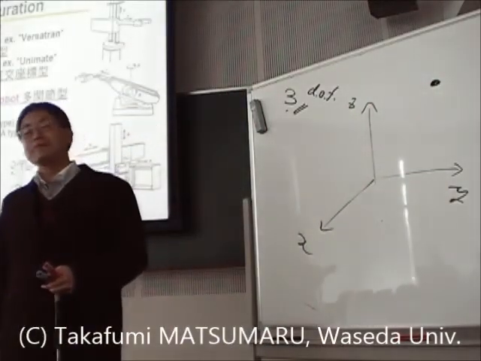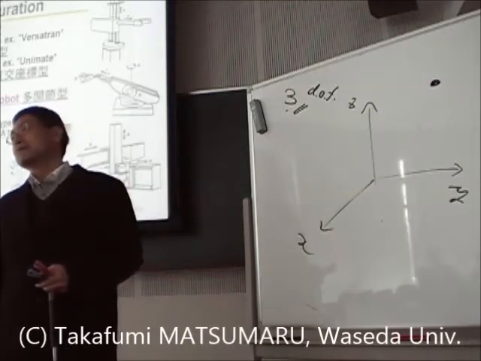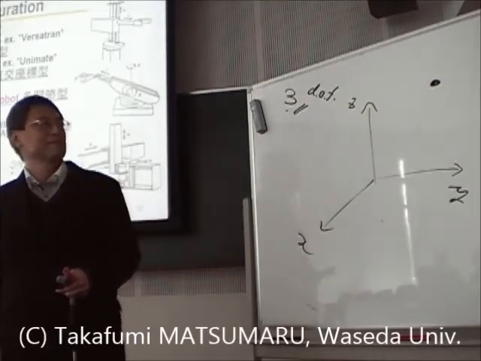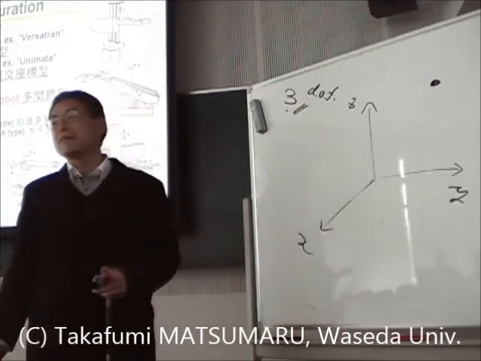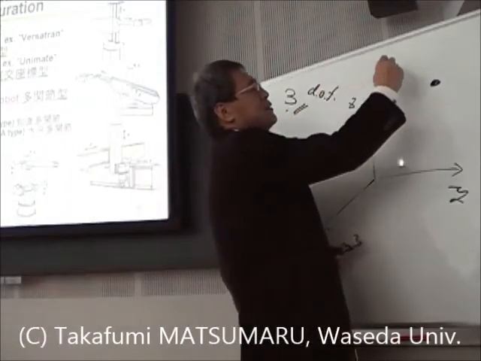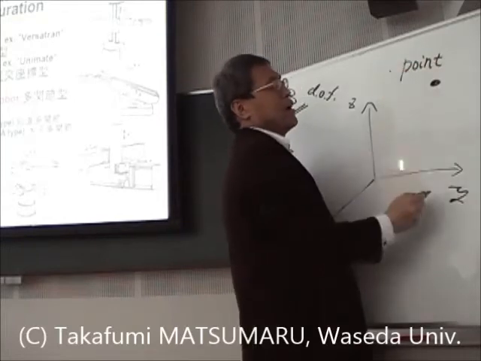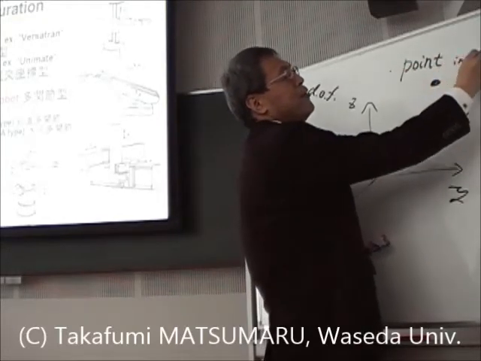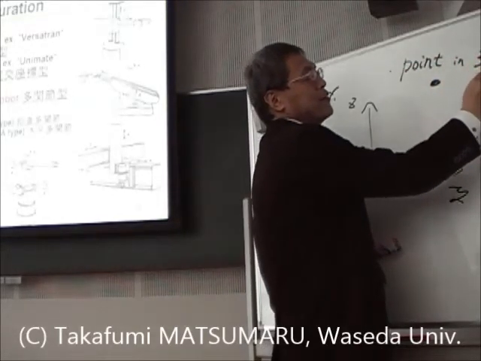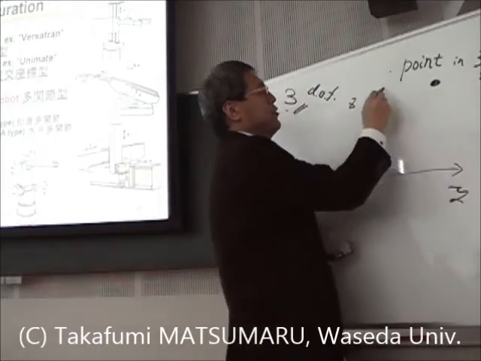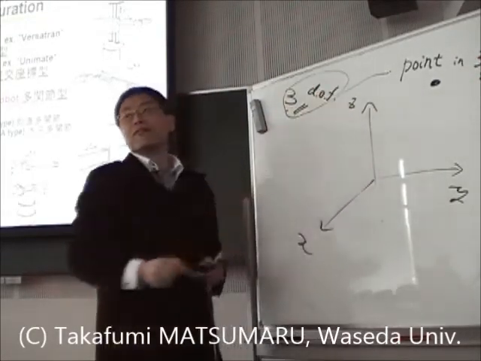Each robot has a working area, a working space that it can reach. So to cover this, it is one point in 3-dimensional space, which is 3 degrees of freedom.